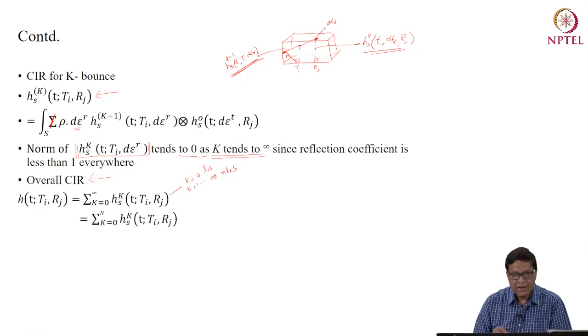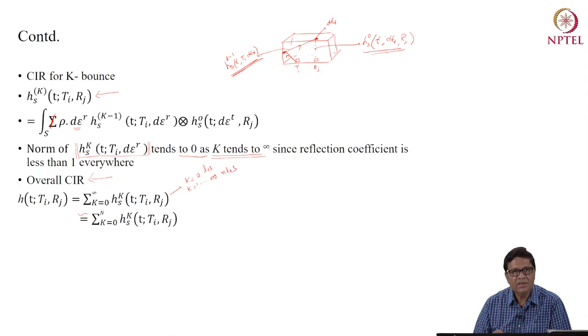And as I mentioned, as k tends to infinity, the contribution from high values of k will tend to 0, and effectively you can write this as the summation from k equal to 0 to n of h_s^k(t) of Ti and Rj, where n is some number which has significant contribution to the channel impulse response.